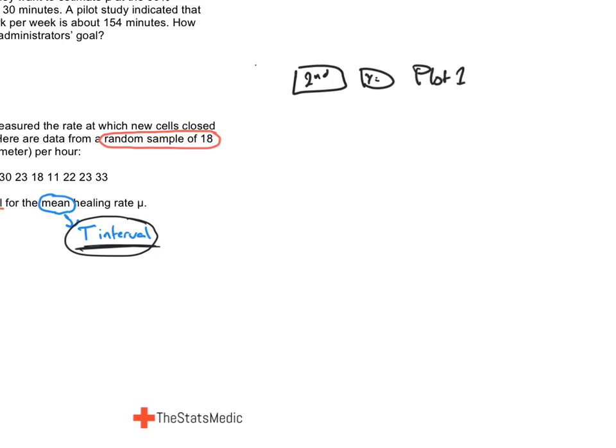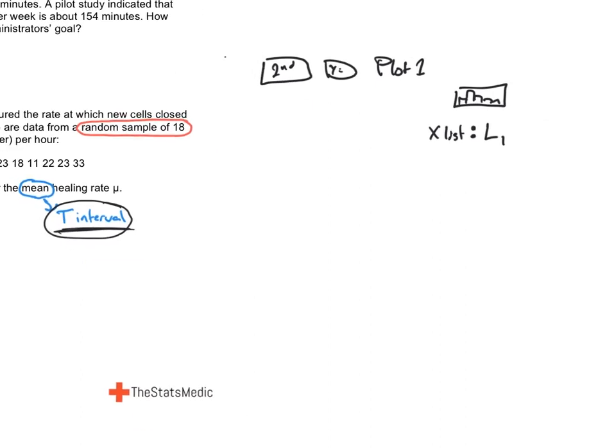Look across until you see the little histogram-looking symbol, and highlight that. Underneath it, it asks for your X list. I put all my data in L1, so tell it L1. Frequency is 1, perfect.